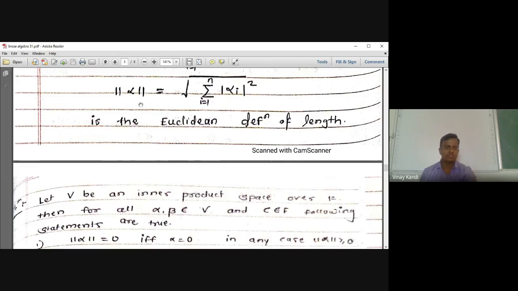By the definition of norm, it becomes the square root of alpha 1 square plus alpha 2 square. If n is equal to 2, the length of any vector is the positive square root of alpha 1 square plus alpha 2 square. This is the definition of the norm, or length, in a plane. Hence this definition is called the Euclidean definition of length. Understood? Now, the next theorem.